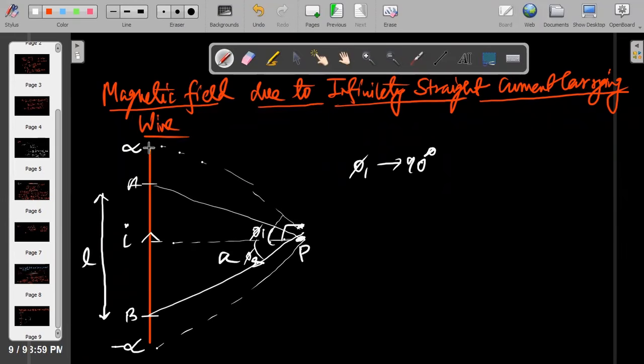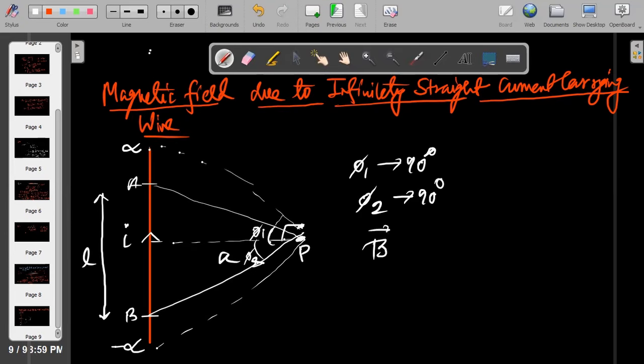If you increase this length, the angle increases, and it gets close to 90 degrees. It will touch 90 degrees when the length is infinite. The same thing will happen for phi 2: it will also tend to 90 degrees.